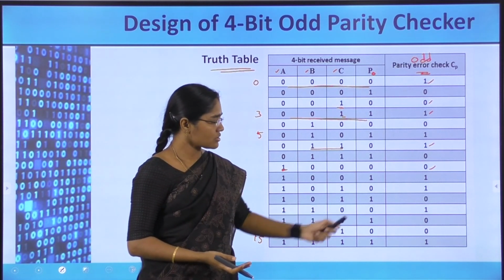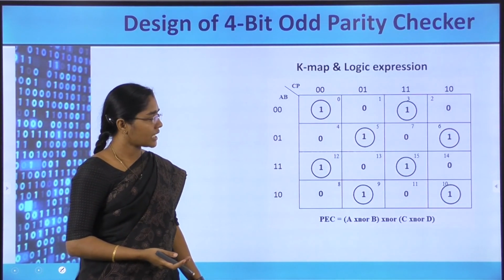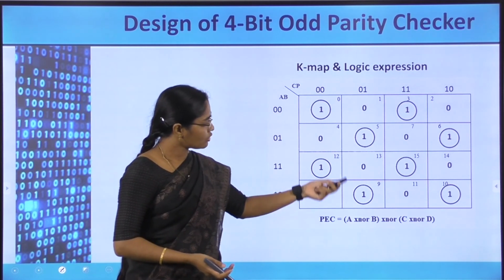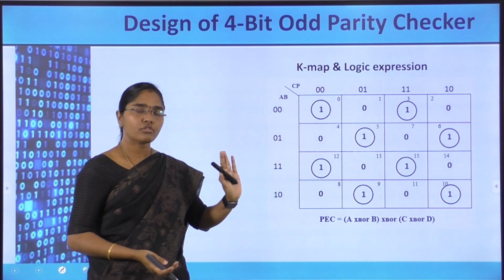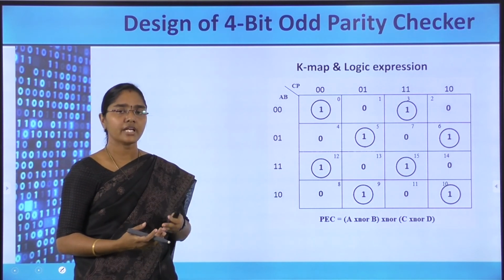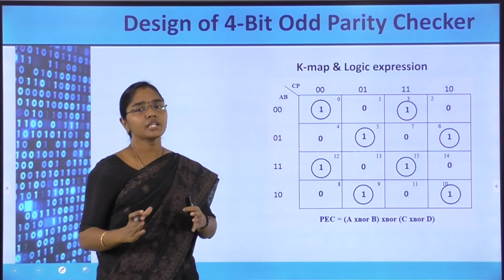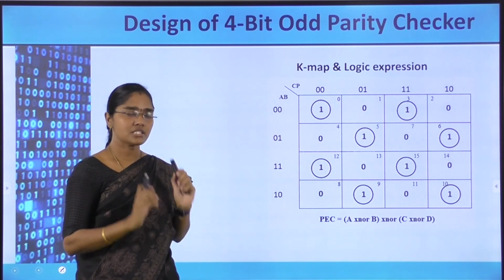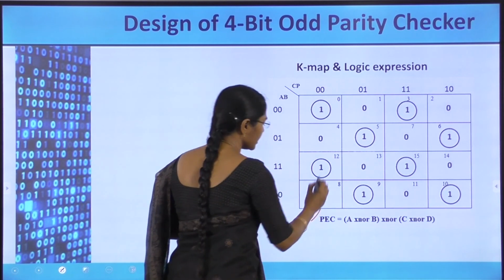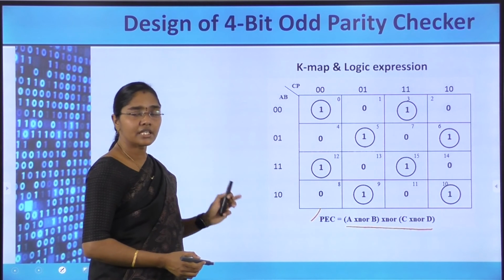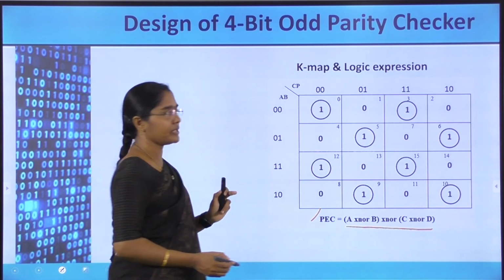From this truth table, trying K-map simplification, no grouping is possible. Therefore, taking the total expression and writing it alternatively, we get the complementary expression of the even parity checker, that is A XNOR B XNOR C XNOR P bit.